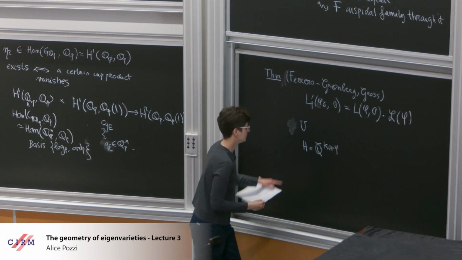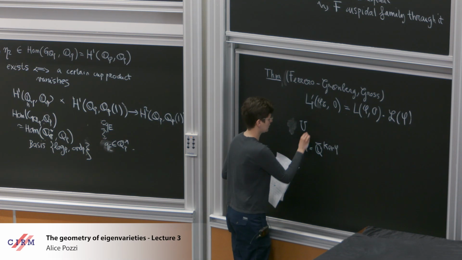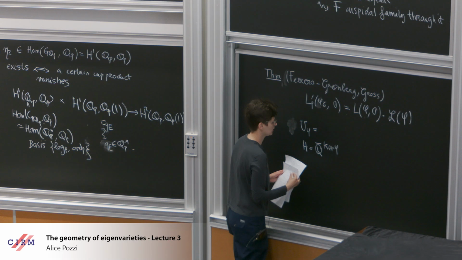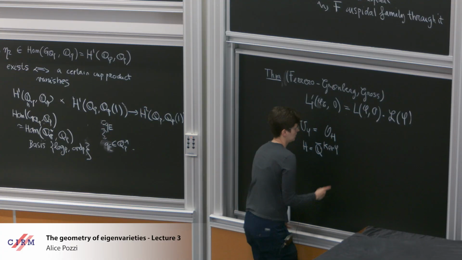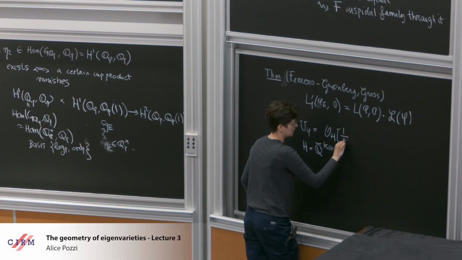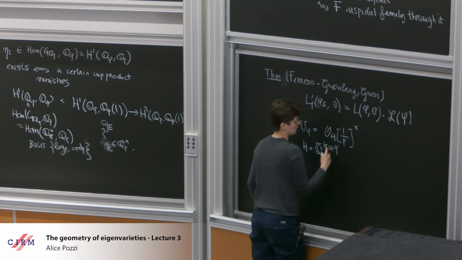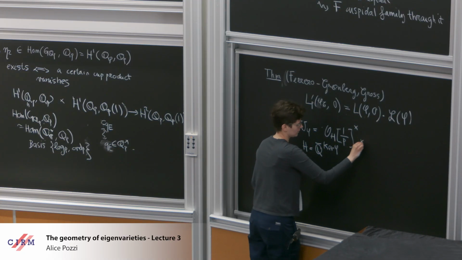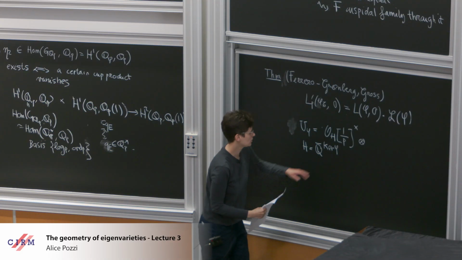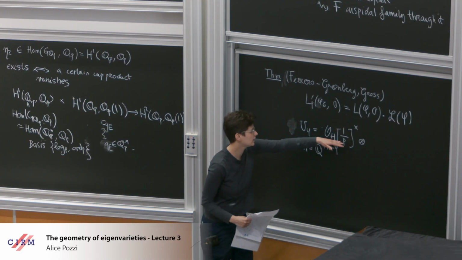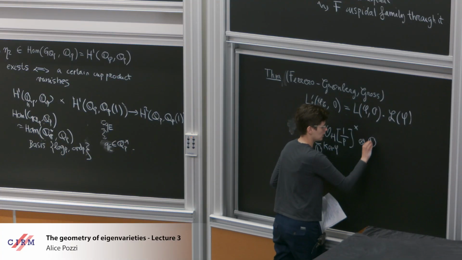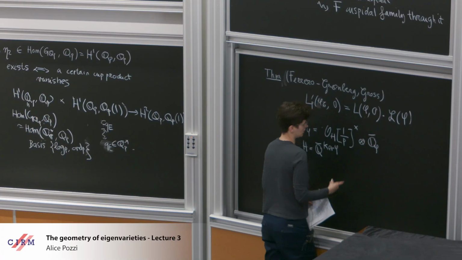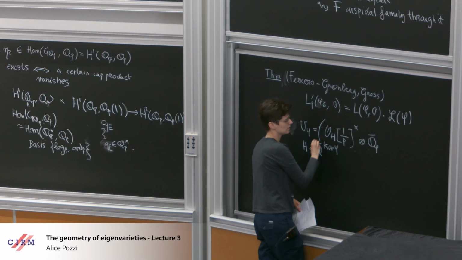And I'm going to call U_phi what I obtain by taking the p-units of H. So this is a finitely generated abelian group tensored with Q_p bar, to make it into a vector space.